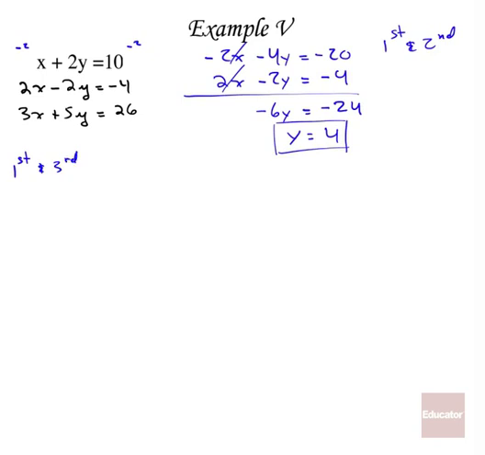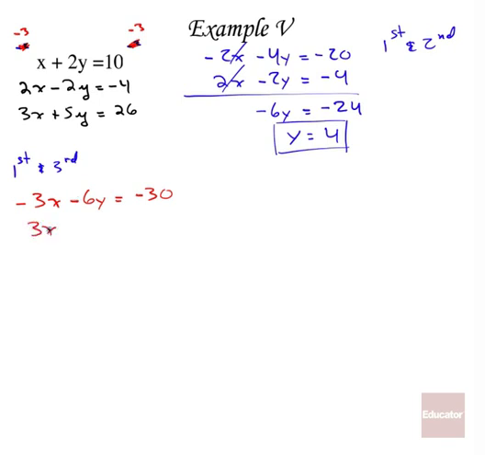Let me do this one in red. This is x, this is 3x, so I'm going to multiply by negative 3. So in this case, I have negative 3x minus 6y equals negative 3 times 10, so negative 30. Let me make sure my negative signs work here.